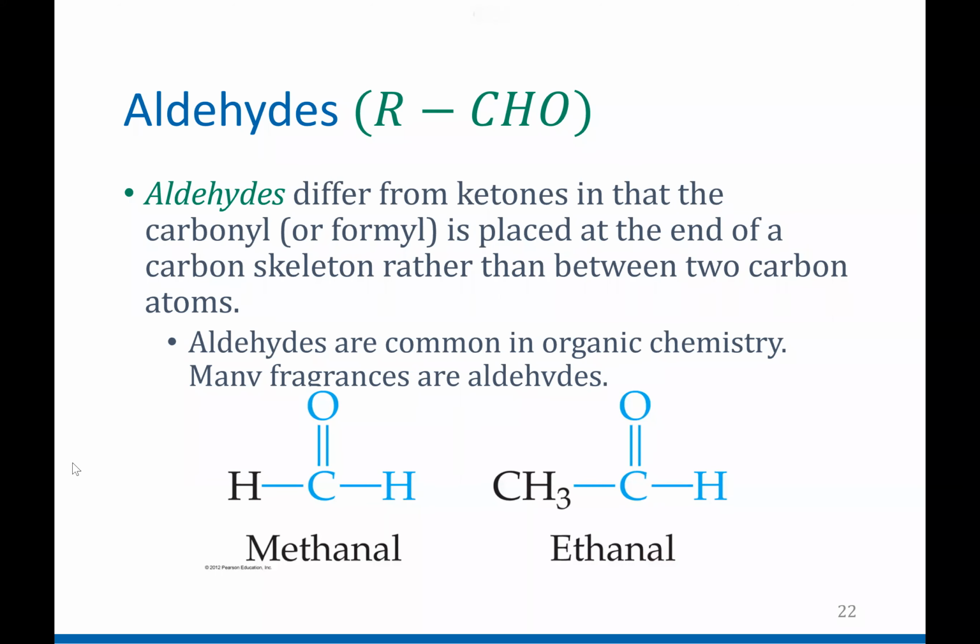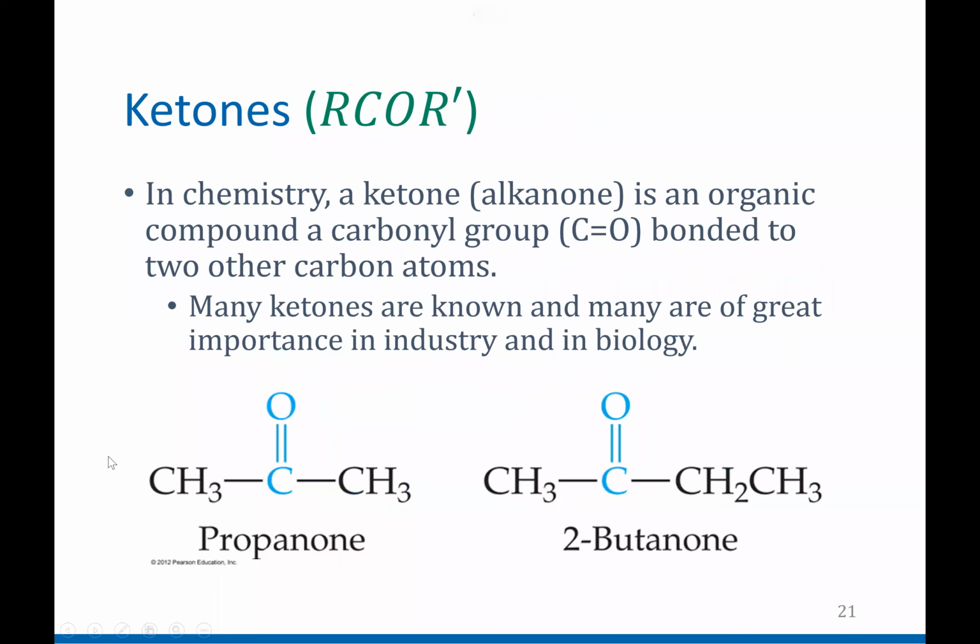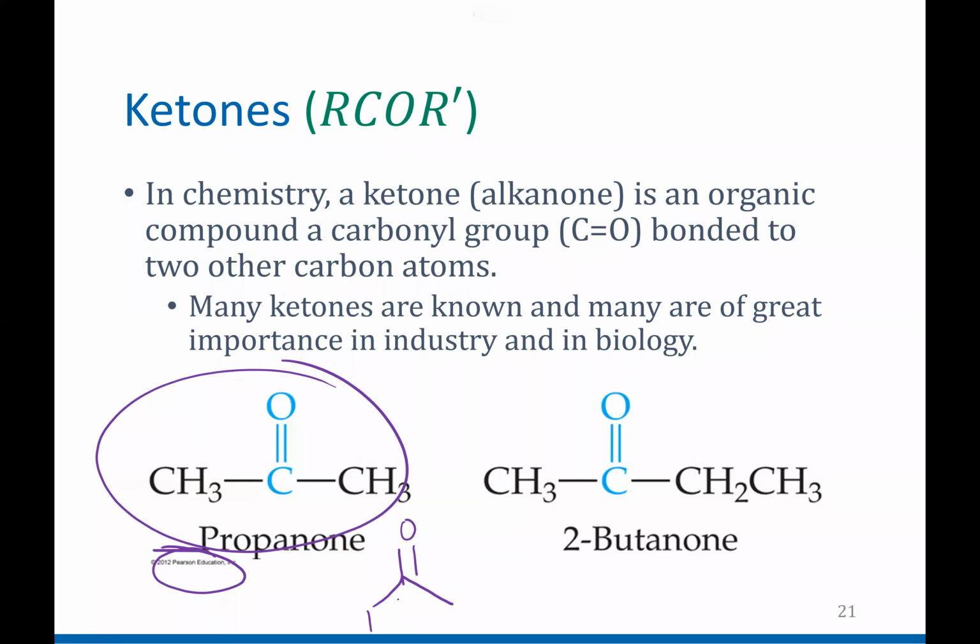These pictures, by the way, I got from a book, of course. So they're a little different than how I would draw them. Like, for example, propanone. You could just draw it like that, right? So we have 1, 2, 3 carbons. But it's hard to find images of these things unless you make them yourself.